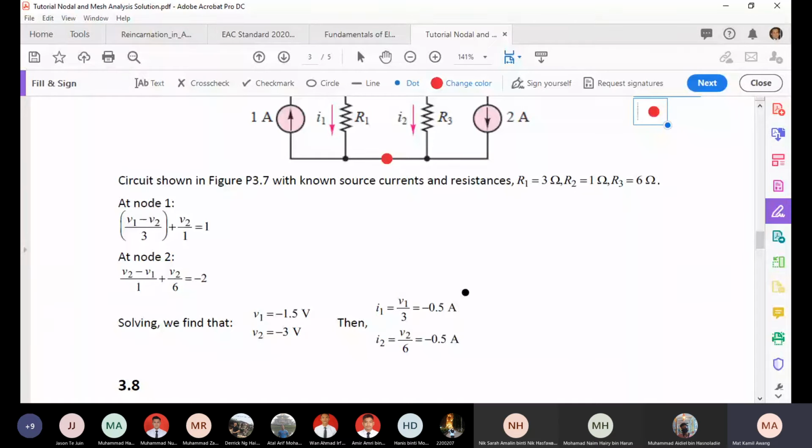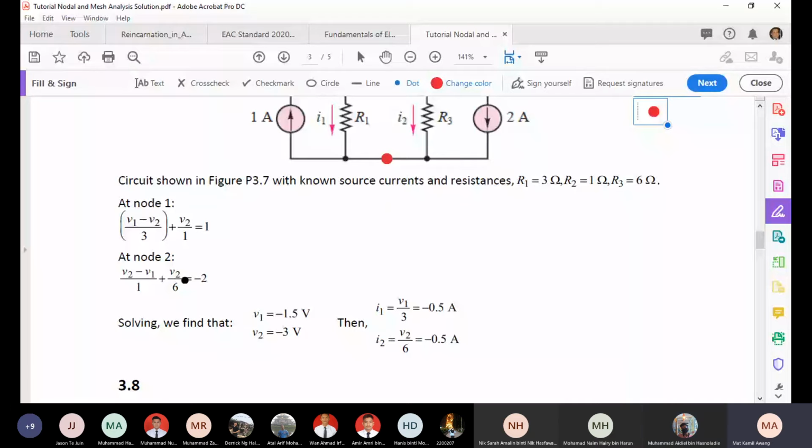Then after that you substitute, because I1 is actually V1 over 3, and I2 is actually V2 over 6.